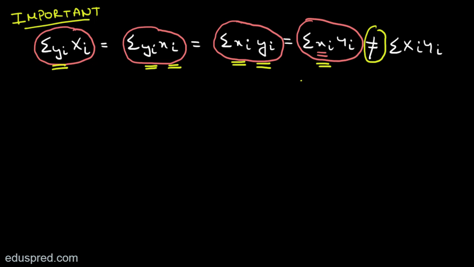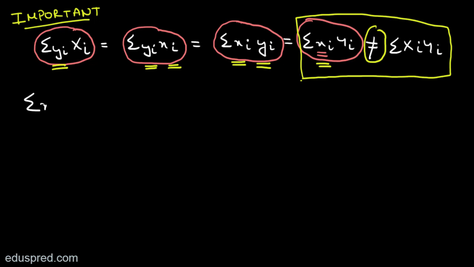Just to be more clear, let me show it to you as well. So I'm going to show that these last two expressions are not one and the same thing, and then you can show the same for the rest of the expressions. So the LHS that we have is summation small xi capital Yi, and I can write that this is equal to summation capital Xi minus x bar, because this is how we have defined small xi, multiplied by capital Yi.